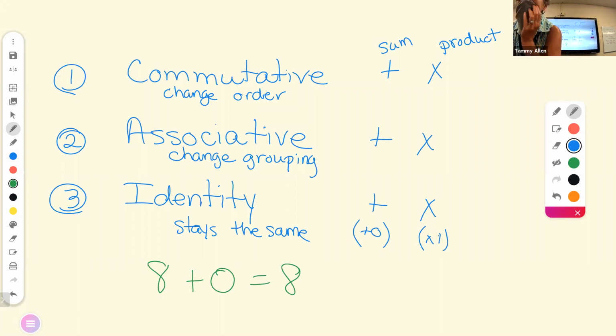Emily, I can't see you. Okay, can you tell me how many fingers you would have up? Probably around 2. So you think it's the associative property? Marcus, how many fingers do you have up? All right, this is the identity property because we added 0 and we kept the 8. It didn't change how many we started with, right? Okay, it stayed the same.